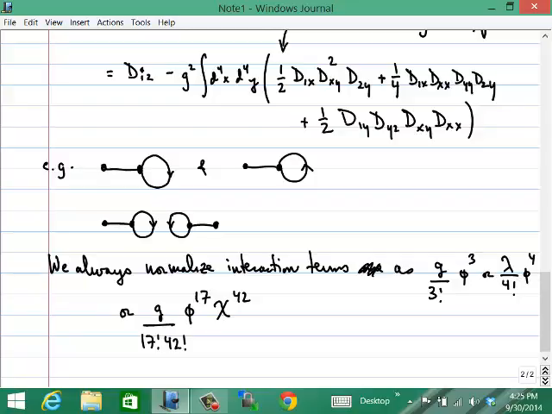As a very simple example, later on in this class I'll give you some examples of Feynman diagrams where you have two independent species of field. And in that case, you don't want to include permutations where one species of field is turned into another species of field. There's a question?